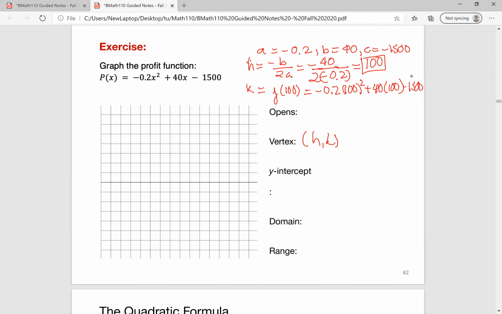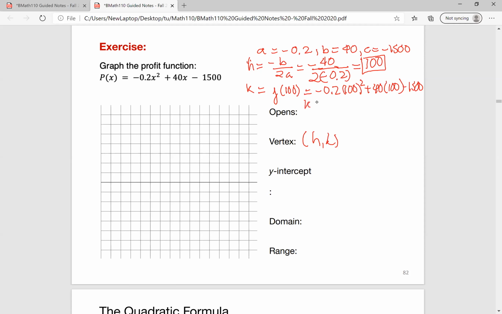So you're going to have what? Use a calculator, and then 40 times 100 minus 1,500. So you're going to have 500.